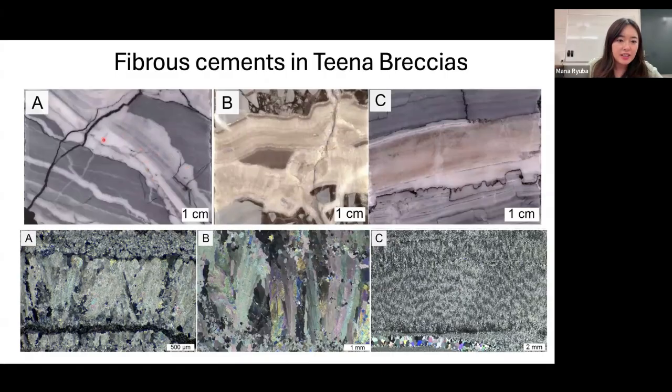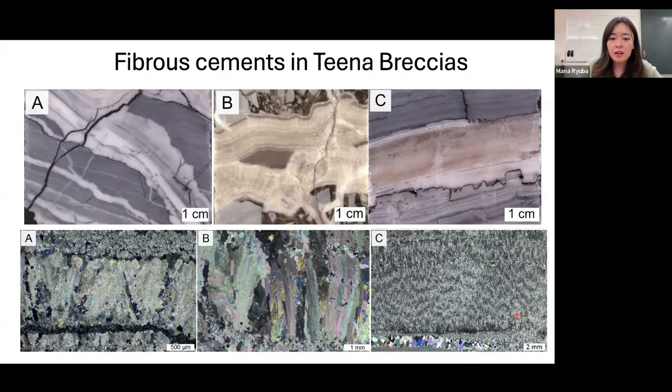These fractures tend to be infilled with fibrous cements, and there are several different types that we've described. So this is radiaxial fibrous cement, and this is a fascicular fibrous cement, and herringbone cements.